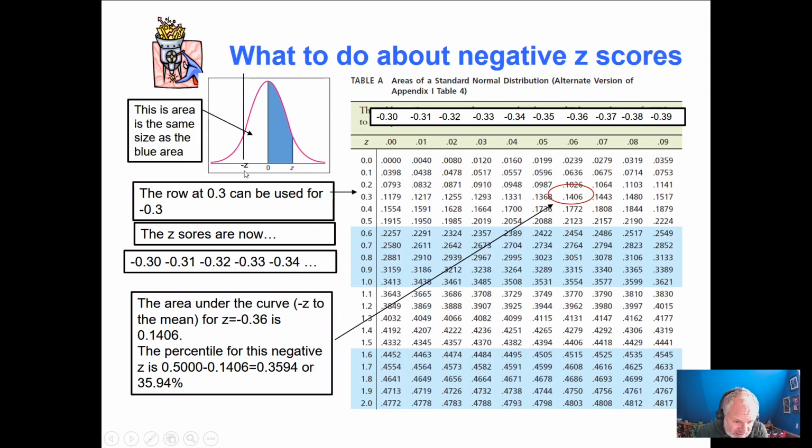So for a z-score of negative 0.36, the area under the curve is 0.1406. That's this area here. But for the percentile, I need to subtract that area from the 0.5 to get this area in the curve right here. So the tail end of the curve is what the percentile rank will be. So I take 0.50 minus 0.1406, which is 0.3594.